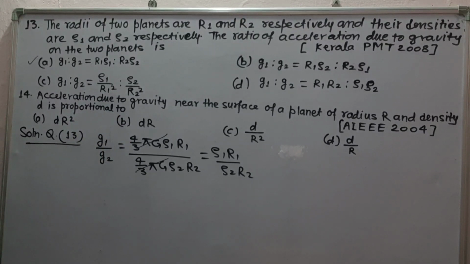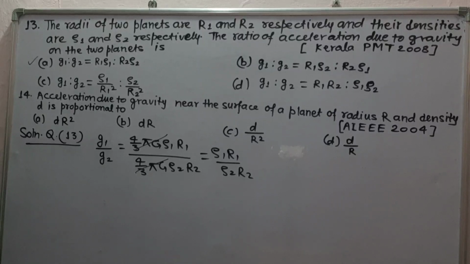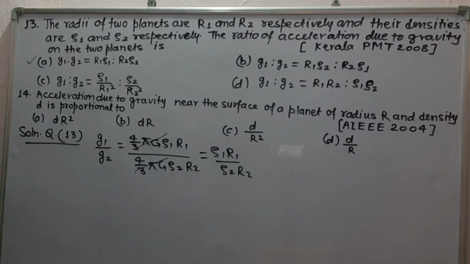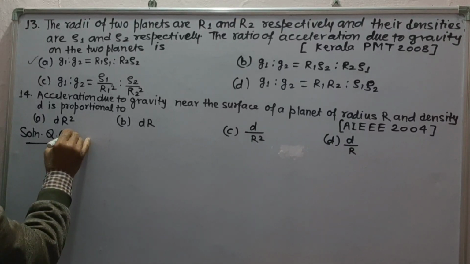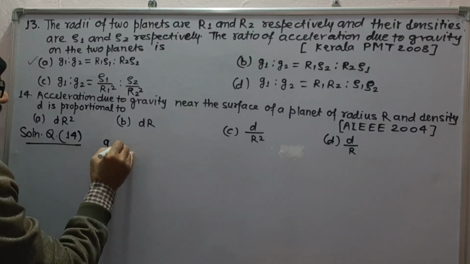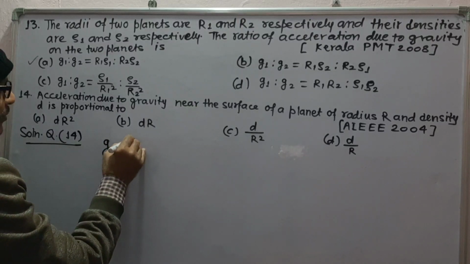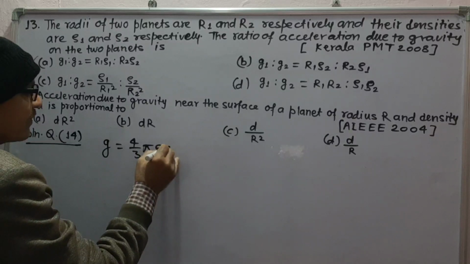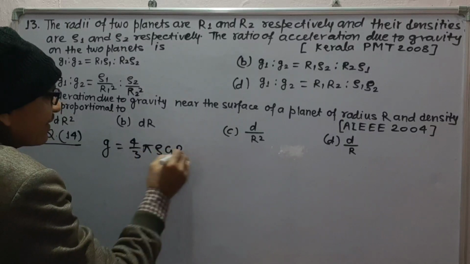Next question number 14. The question is, acceleration due to gravity near the surface of a planet of radius r and density d is proportional to. Solution to question 14. We know acceleration due to gravity near a planet is given by 4/3 pi rho g r.